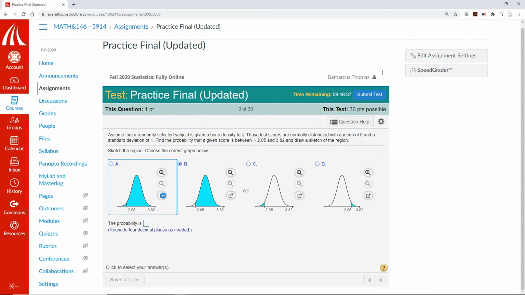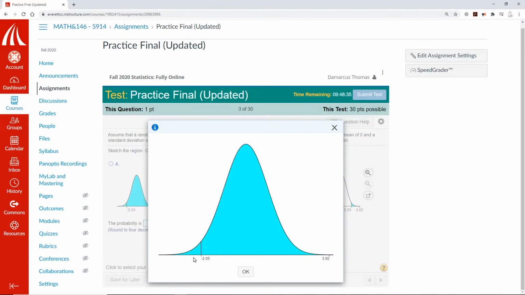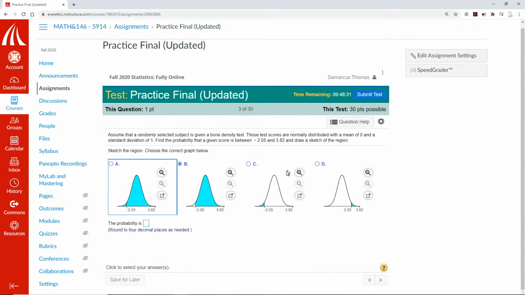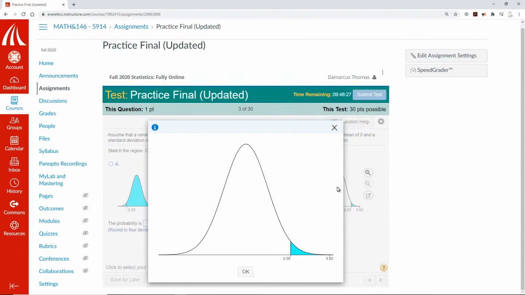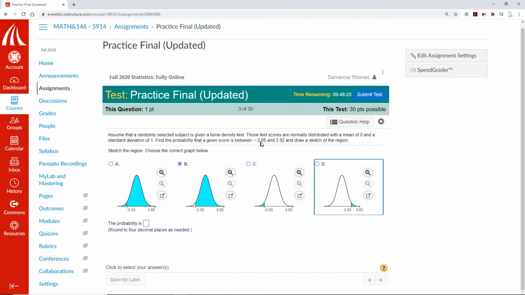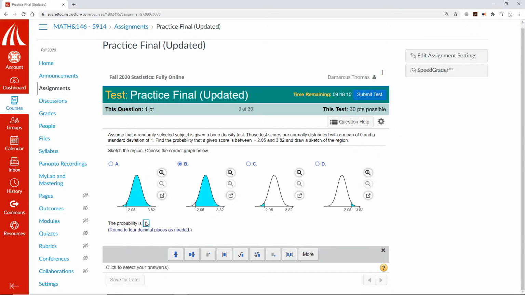A just looks weird. For some reason, A just looks like the entire thing. And then this one almost looks tempting, but the only problem is they said between negative 2.05 and 3.82. So for that reason, we're going to go with B.